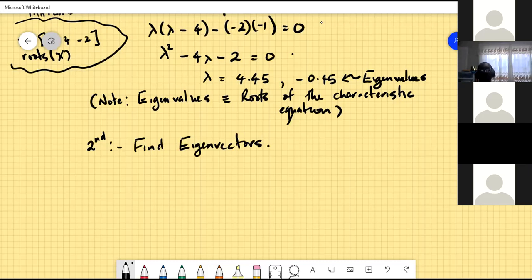But remember, what is it that we solve to find eigenvectors now? All right, what's the MATLAB command?